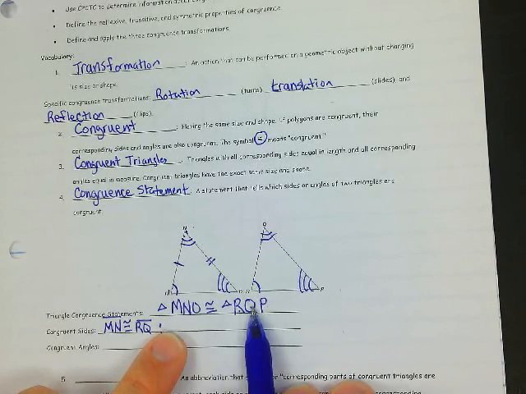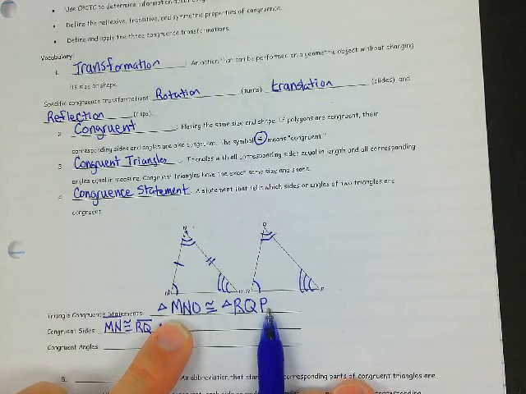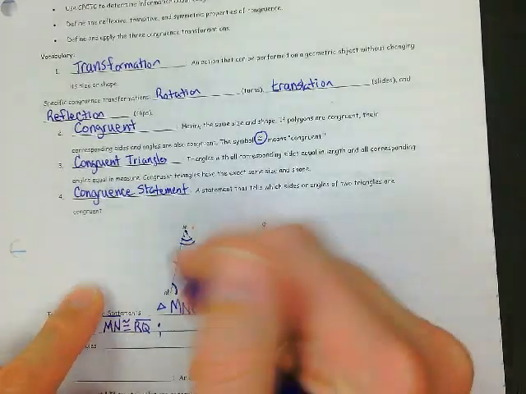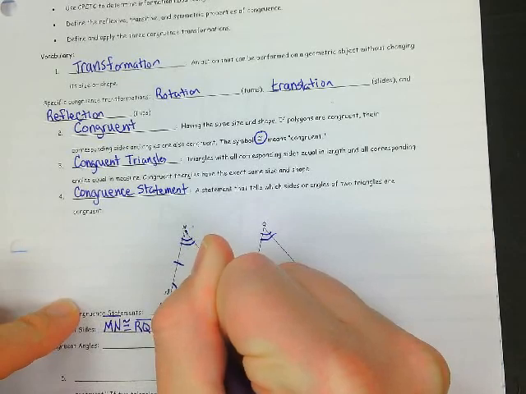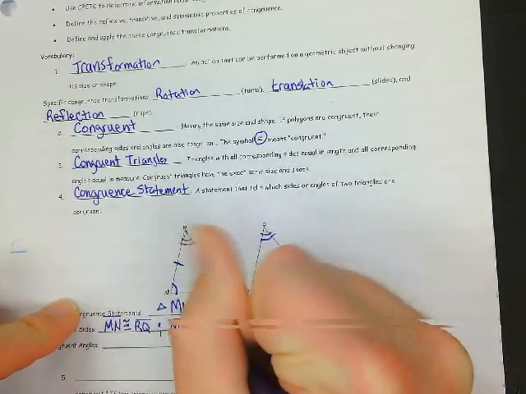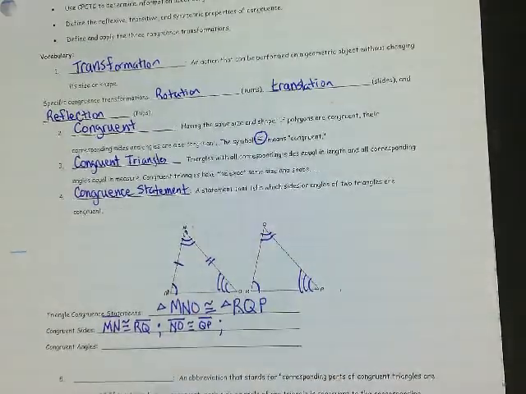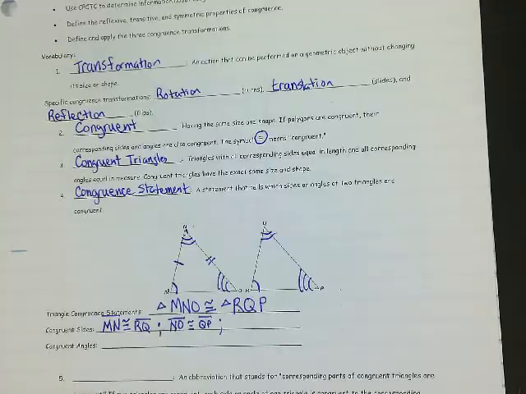What does it correspond to over here? N and O would go to the second and third letters over here. QP. So we'll put that segment NO or ON, it does not matter, is congruent to segment QP or PQ, as long as the letters are there. Okay?